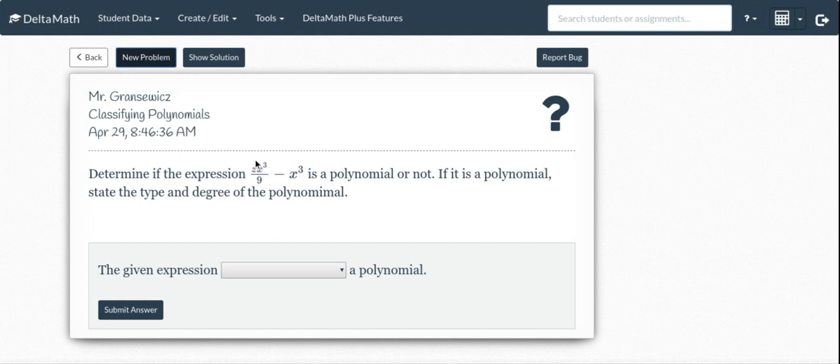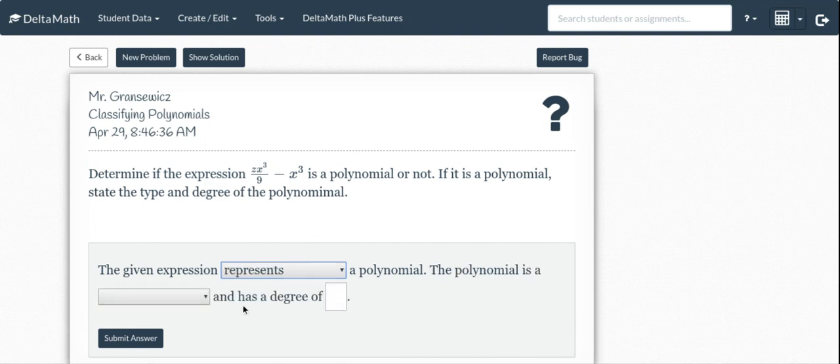There's multiple terms. So right here, this one looks really, really funky, but there's no negative exponents. Again, if it's a negative exponent, then it does not represent a polynomial. But if there are no negative exponents, then it does represent a polynomial.